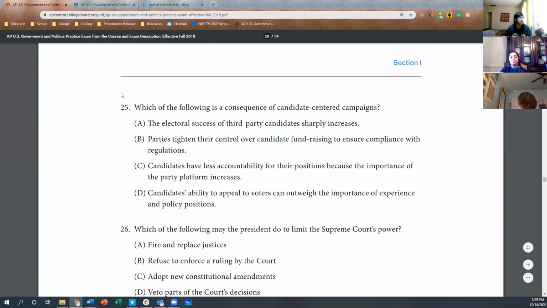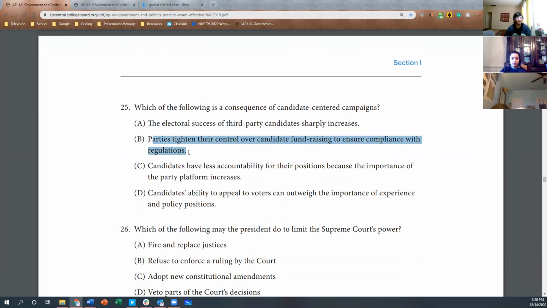Which of the following is a consequence of candidate-centered campaigns? Third-party candidates would decrease, not increase. Parties strengthen their control over candidate fundraising to ensure compliance with regulations? No, I don't think so. Maybe, but probably not.